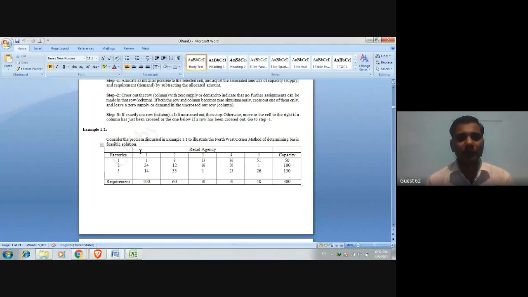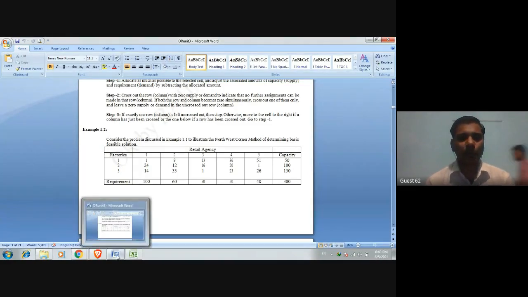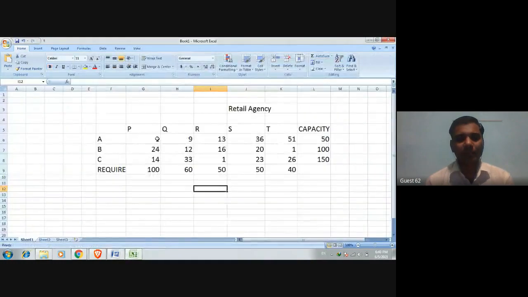Consider the problem discussed in the example to illustrate the NWCM method to determine a basic feasible solution. In the last lecture, I explained what a basic feasible solution is. So in this example, we will get the basic feasible solution by the NWCM method.